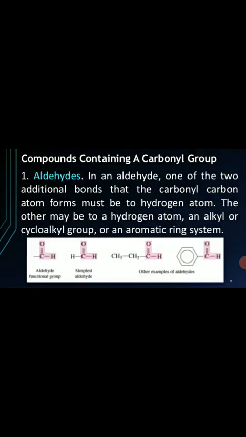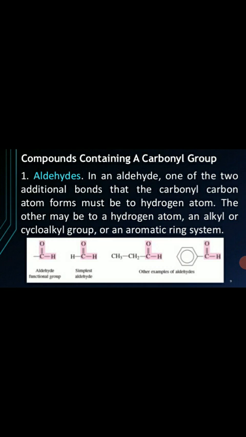Now students, compounds containing a carbonyl group. Here we are going to discuss the aldehydes. In an aldehyde, one of the two additional bonds that the carbonyl carbon atom forms must be to a hydrogen atom.